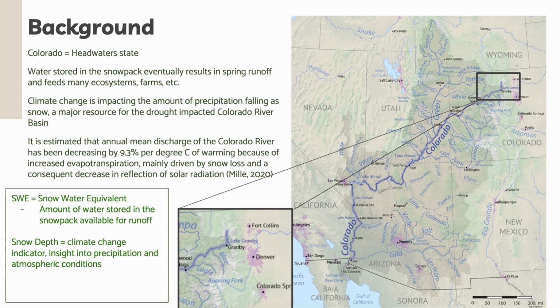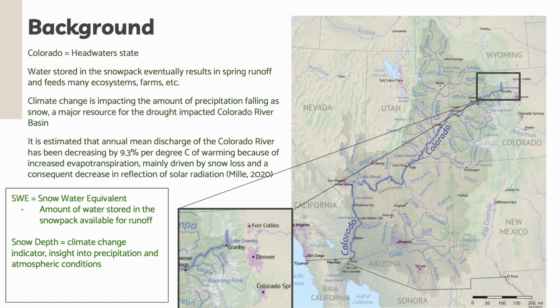It is estimated that annual mean discharge of the Colorado River has been decreasing by 9.3% per degree Celsius of warming because of increased evapotranspiration, which is mainly driven by snow loss and a consequent decrease in reflectance of solar radiation. So basically, less snow means less water to begin with and more evaporation of water that is traveling in the river basin.